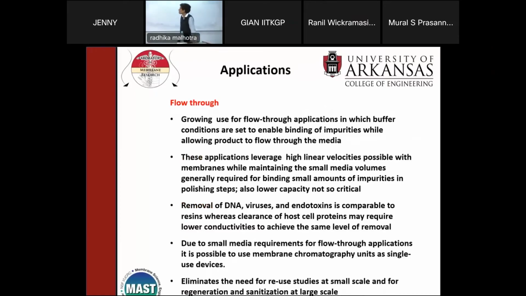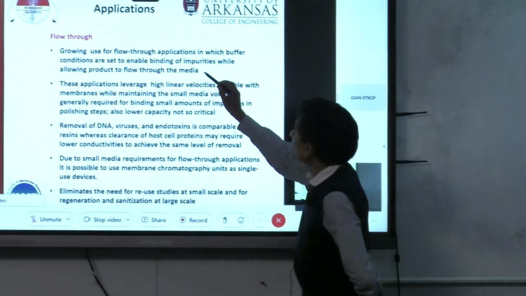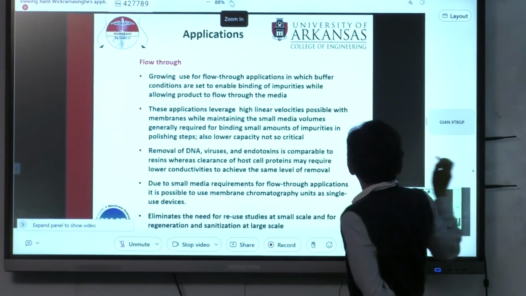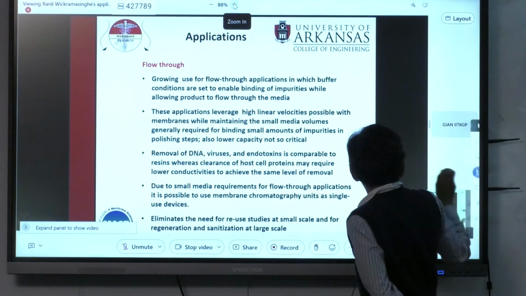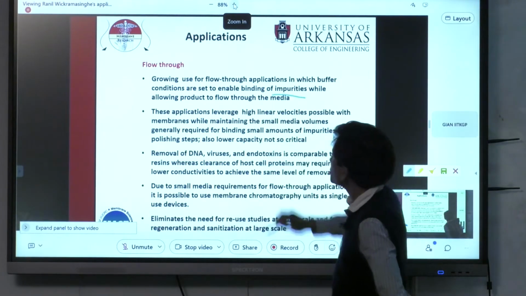Okay, so flow through, which is what I just mentioned. There is growing use of flow through applications in which buffer conditions are set to enable binding of impurities, while the product of interest will flow through the media.